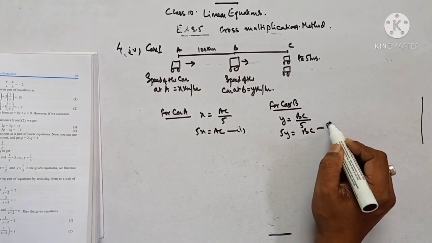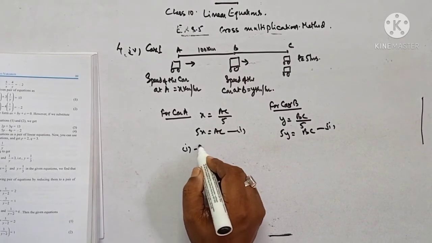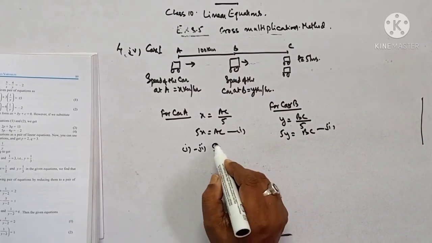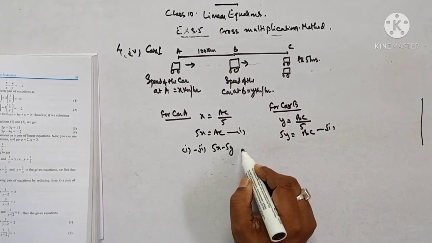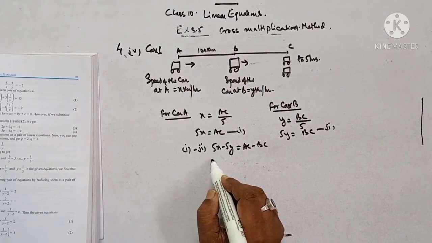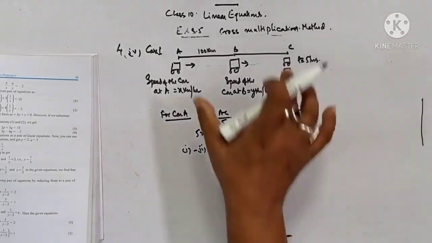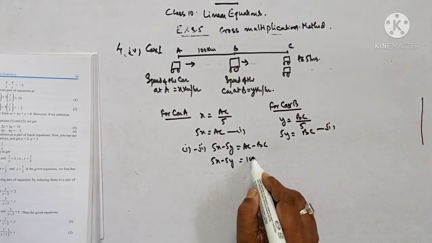This is equation 2. So 1 minus 2, this will be 5x minus 5y is equal to AC minus BC. So 5x minus 5y, that will be AC minus BC, this will be 100.